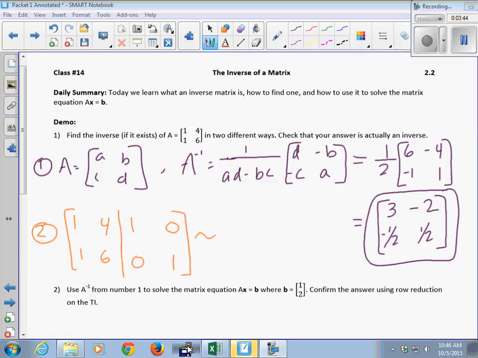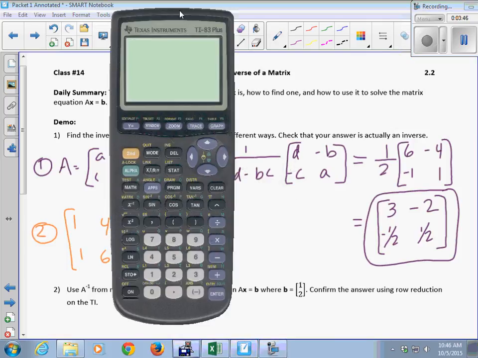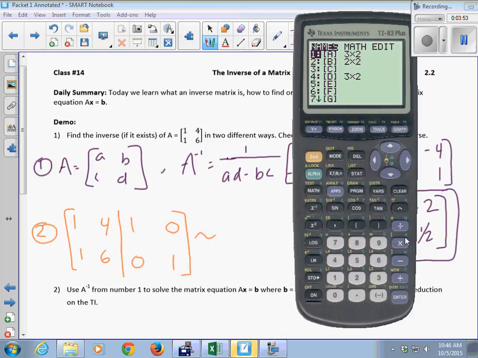And I'm just going to have my calculator do it. Okay, so I need to edit matrix A. And this is now 2 rows, 4 columns. And I've got 1, 4, 1, 0, and 1, 6, 0, 1.